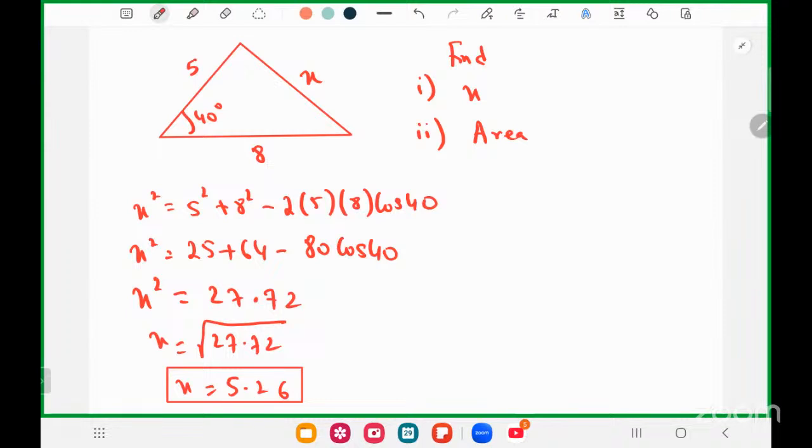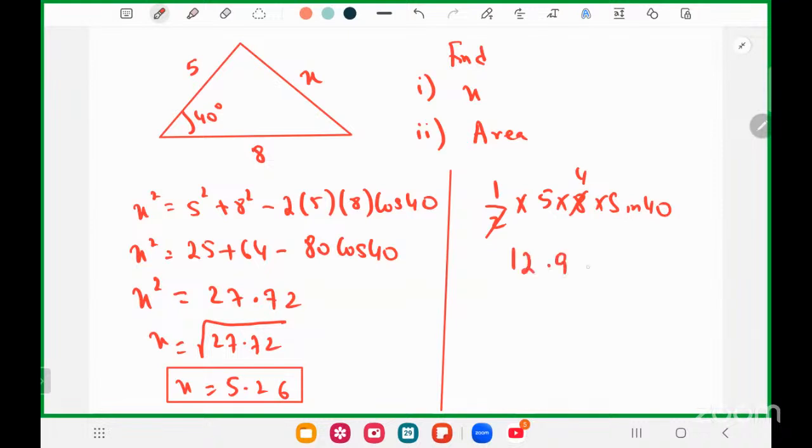And in order to find the area, half AB sine C. 5 into 4 into sine 40, 12.9 unit square.